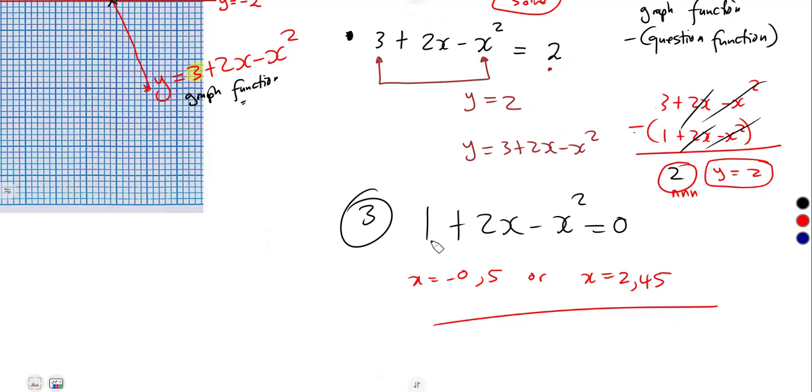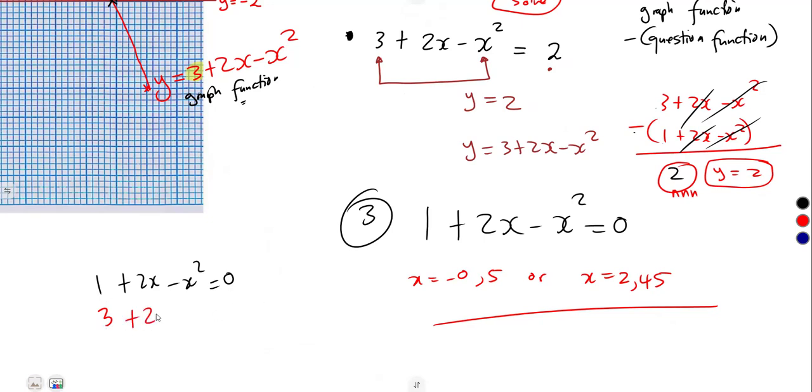I'm given 1 plus 2x minus x squared. I'm not supposed to change the meaning of the question. So I'm just going to ask myself what happened, because here it was 3 before, but now it is given as a 1.